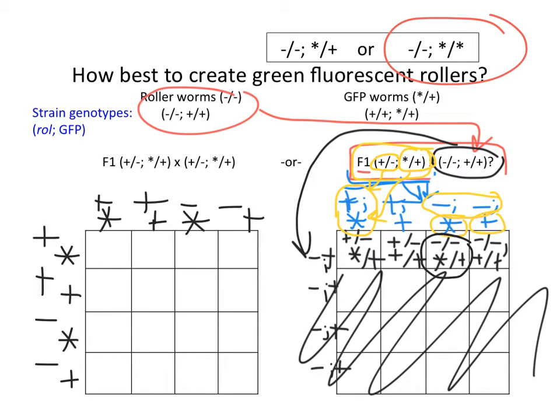Third row, third column. That's where you're going to find the combination of genotypes we're looking for, minuses with asterisks. So the one individual out of 16 that gets that combination of gametes from both of the parents is going to be the homozygous true breeding green fluorescent roller.